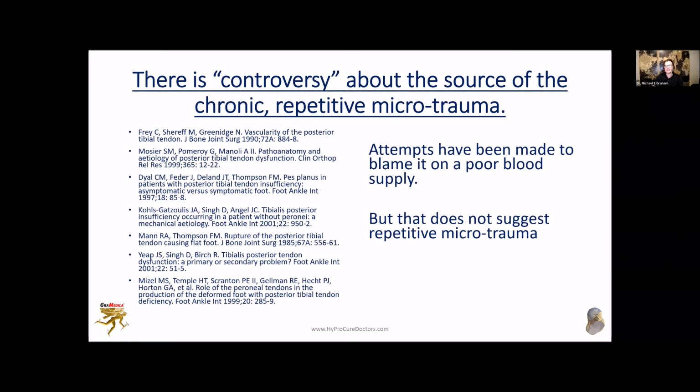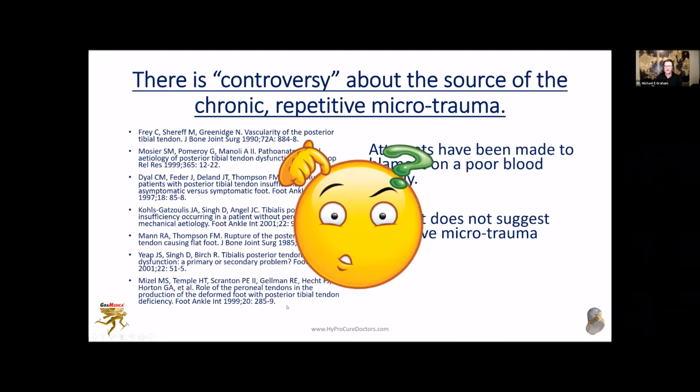So if we're not getting that waste material from normal tendon function removed, then we're just ending up with this mess of toxic tissue that's going to lead to further degeneration of the posterior tib tendon in that watershed area.